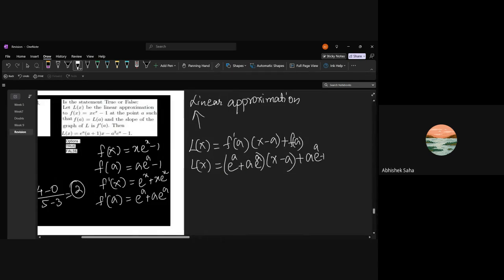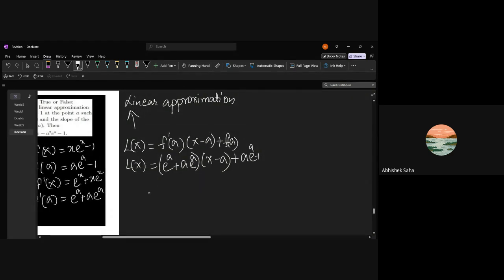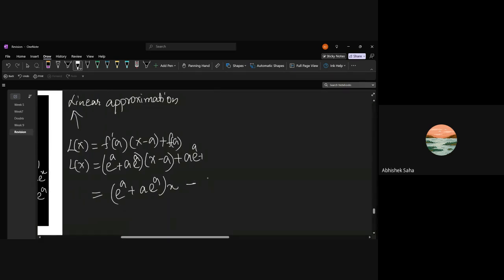See, in the question itself, they have written it like this. They have taken x as common, so they are trying to write it in terms of x. So we can also do e to the power a plus a e to the power a into x minus, and it is just a calculation.